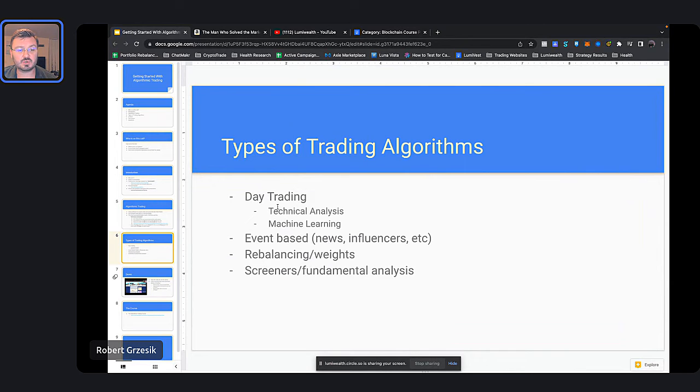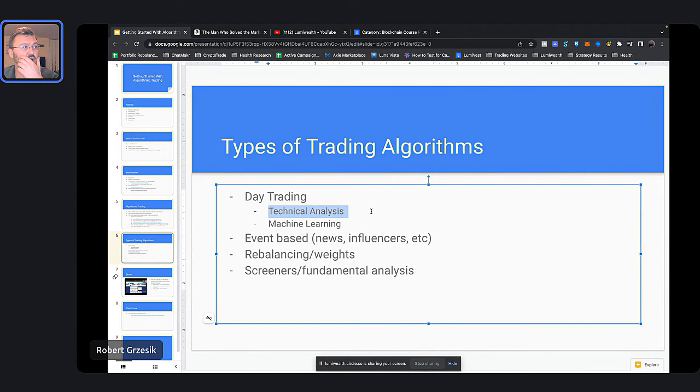You can use technical analysis, which is kind of like the TradingView type stuff, looking at charts using MACD or RSI or whatever to trade. That's one type. You could also use machine learning, which is basically artificial intelligence. You use AI to trade for you. We teach you how to do both of these things in the class.